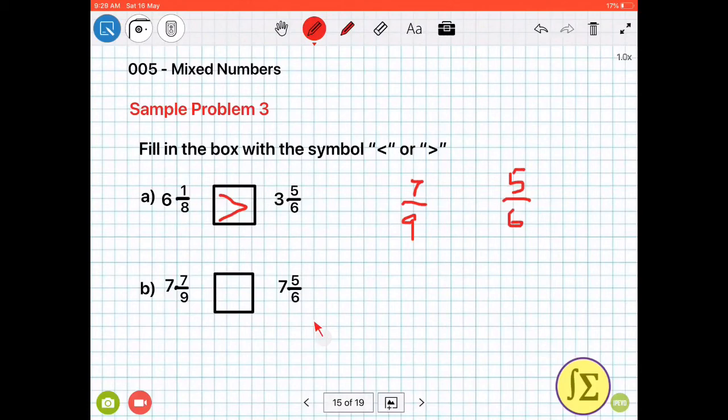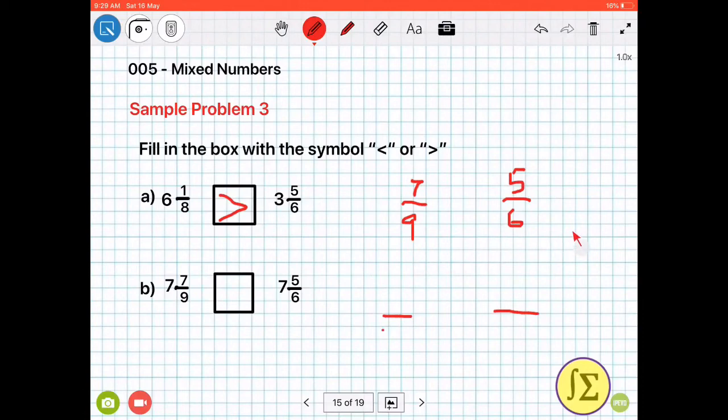In lesson 004, I taught how we can create equivalent fractions in a simple way. Okay, it goes like this. So you place the two fractions that you want to compare. So we have to make the denominators the same, so that it is easy for us to compare. So what would that denominator be? All you have to do is multiply 9 with 6.